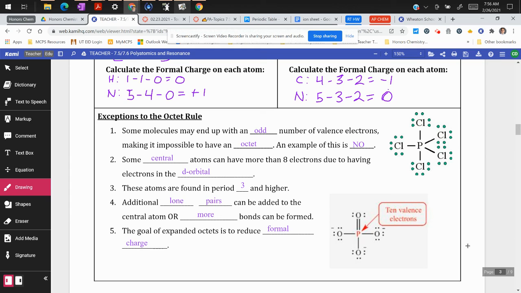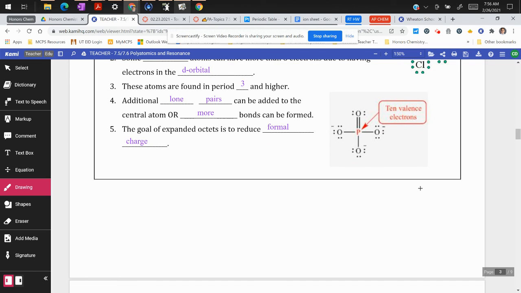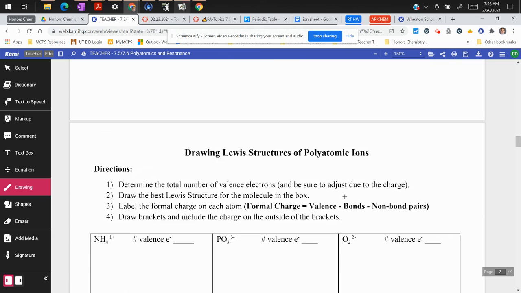The goal of this is to reduce the formal charge. When you go through the practice today, you'll see that there are a couple of structures given to you in which you have to calculate formal charge, and then you need to tell me which one is the best one based off of formal charge. So expanded octets are a way for us to reduce formal charge.